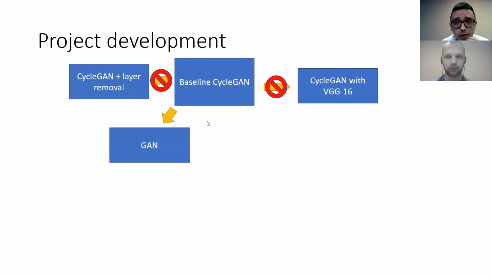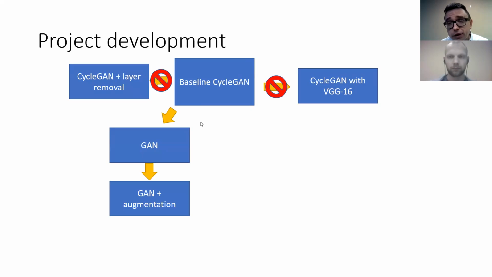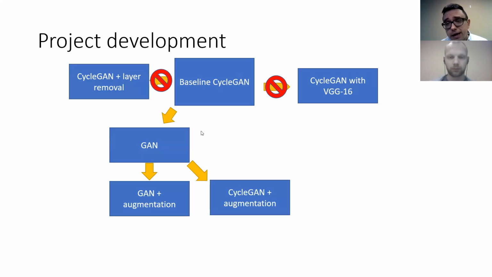Then we asked ourselves, why do we need such a heavy model as CycleGAN? Maybe we can stop at just GAN. And we tried, and it worked pretty well. And we thought, okay, maybe we can improve it a little bit further. We did some augmentation, and we saw that with or without augmentation it is comparable with CycleGAN.